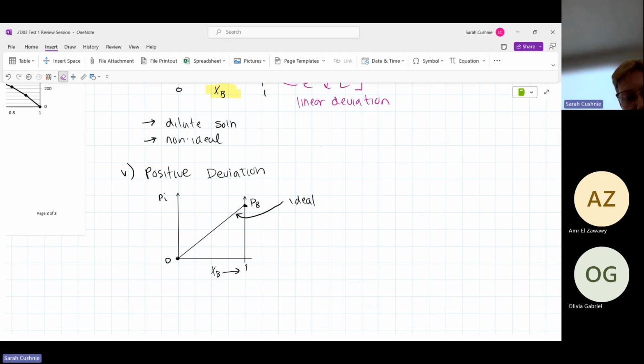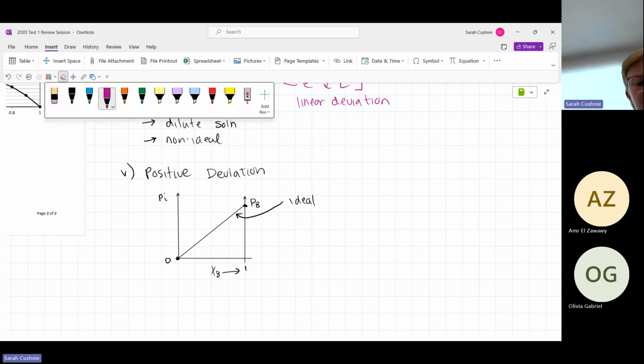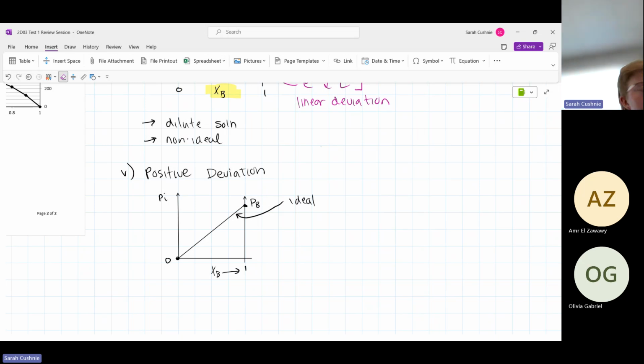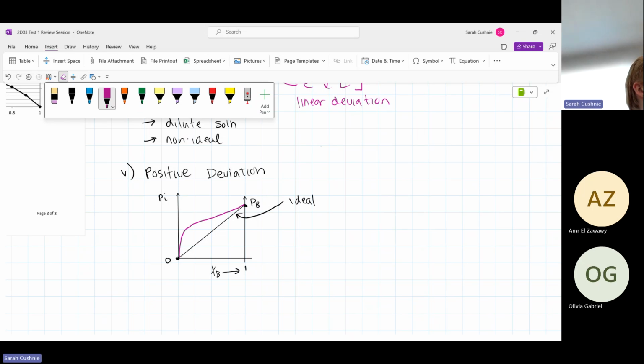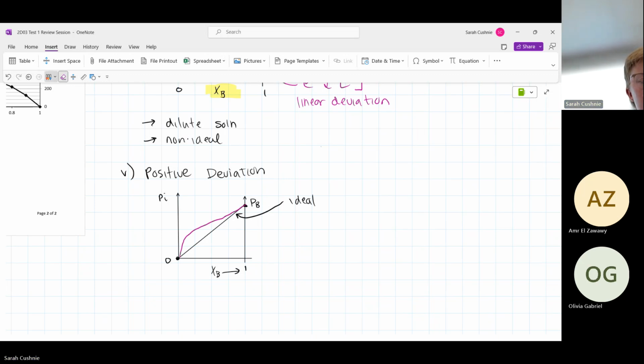When we only have B, so XB is equal to 1, it would be just direct correlation between the amount of atoms you have and the amount of pressure you have given by this component B. But in a non-ideal case, with positive deviation, it's going to be above that. It's going to be something like that. I'm going to draw it slightly less steep, but it's going to have something like that. And we can get the slope of the line there.